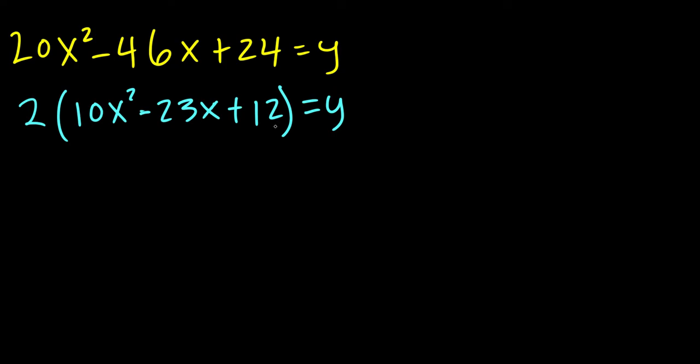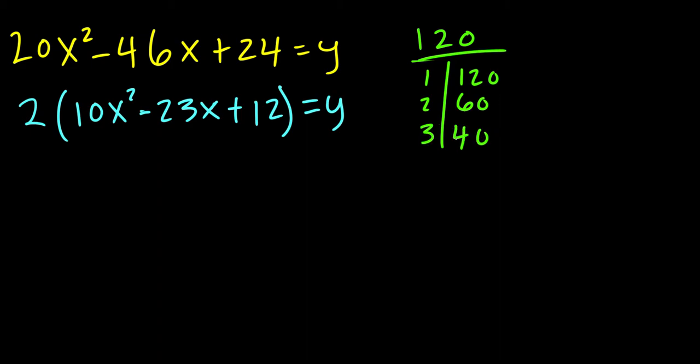So if I do 10 times 12, I get 120. And 120 has a lot of factors. So 1, 120, 2, and 60, 3, and 40, 4, and 30, 5 and 24.